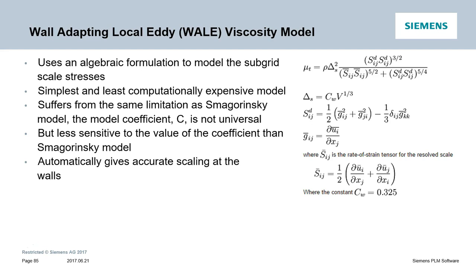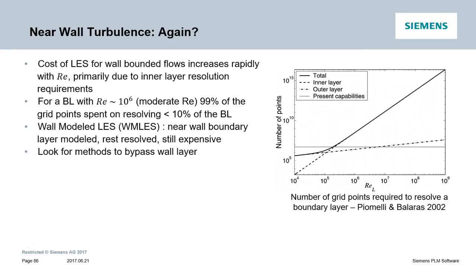Okay, so we need to discuss near wall turbulence again for the last time, now in the context of LES. LES of a boundary layer is dominated by the need to resolve the fine structures near the wall, and this is illustrated by this plot of the number of points required to resolve a boundary layer. While the outer layer resolution is nearly independent of the Reynolds number, the inner layer requirement increases rapidly with the Reynolds number, and hence it dictates the overall cell count.